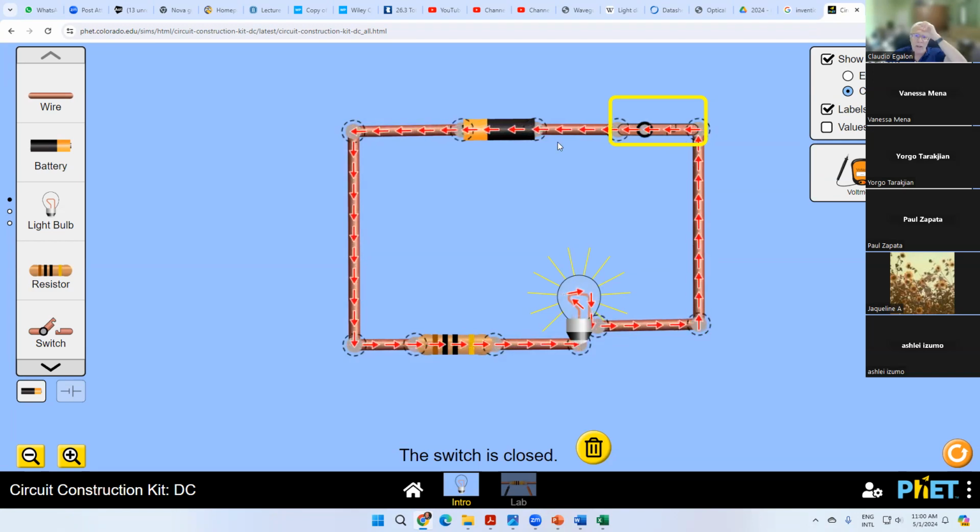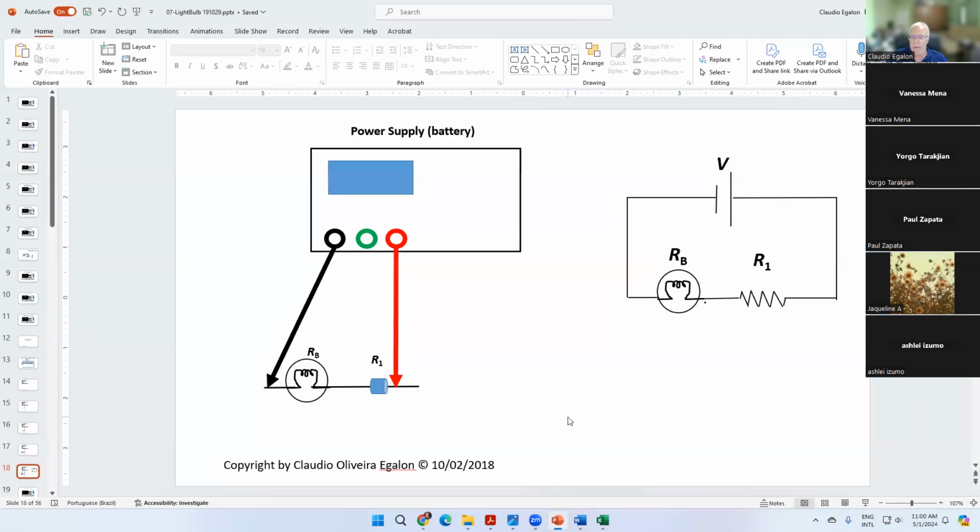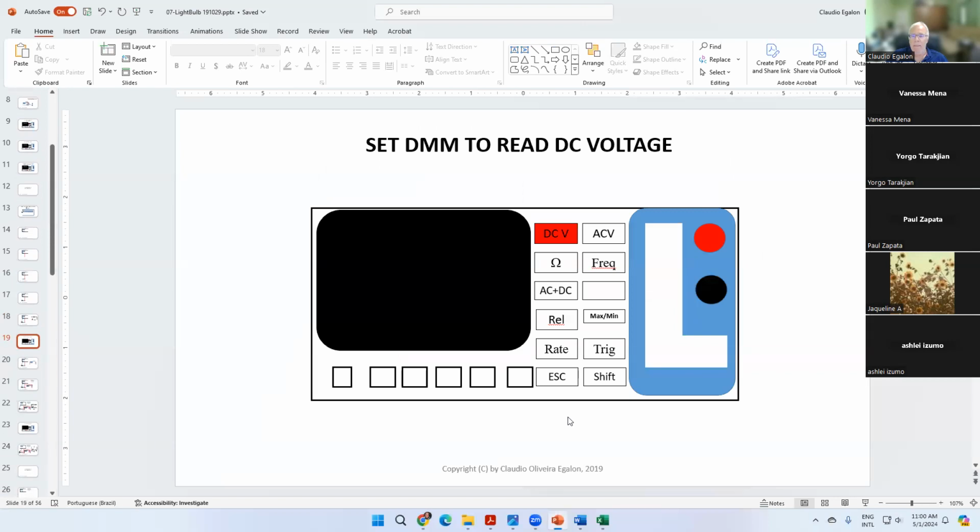And returning to the other side. That's the circuit that we have here. Next, we're going to use the multimeter to read the DC voltage in the circuit.